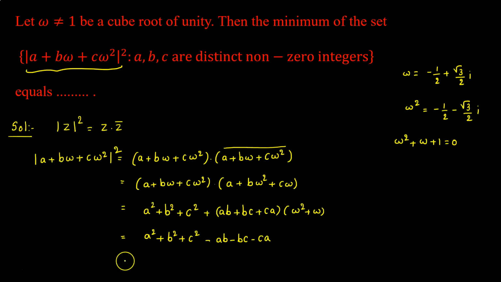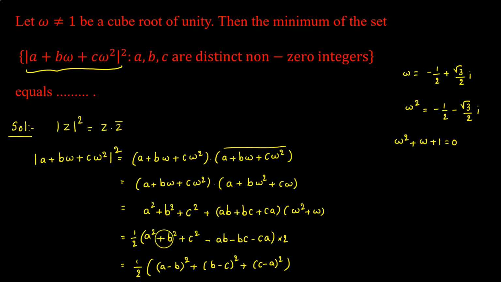Now this quantity can be written as, we can multiply this with 2 and divide with 2. So let us write this as half of into 2. So we can write this as half of a minus b whole square plus b minus c whole square plus c minus a whole square, isn't it?